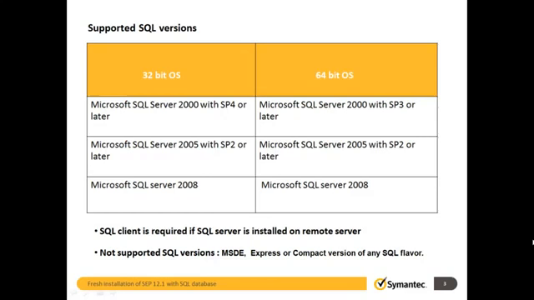If you are installing on a 64-bit operating system, then Microsoft SQL Server 2000 with Service Pack 3 or later, Microsoft SQL Server 2005 with Service Pack 2 or later, Microsoft SQL Server 2008. SQL client is required if SQL Server is installed on a remote machine. There are a few non-supported SQL versions like MSDE, Express or compact version of any SQL flavor.